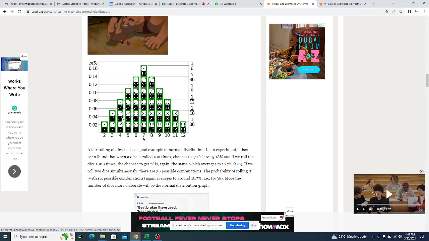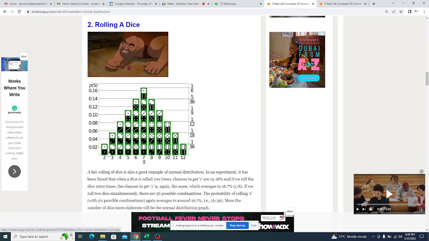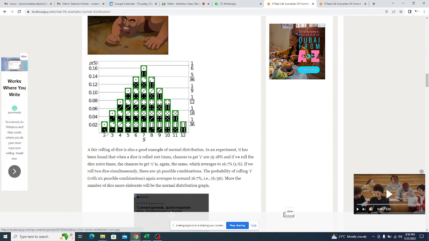Yes, the same applies to rolling of dice. If maybe we do a fair rolling of dice, it's also a good example of normal distribution. Like when you roll a dice two times, we have the probability of getting one side.